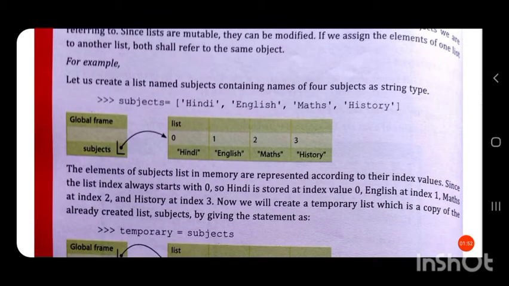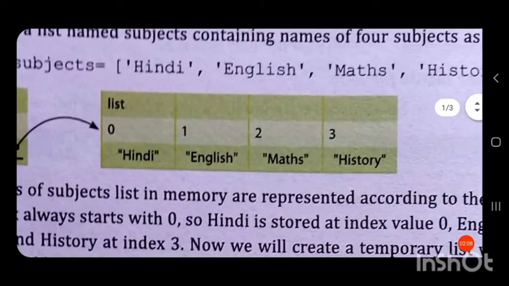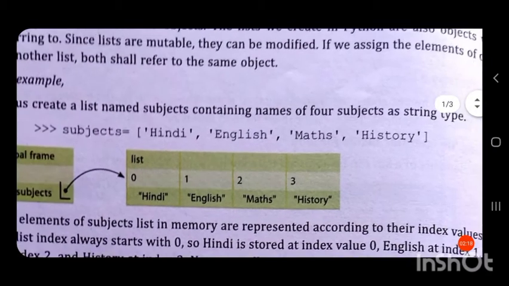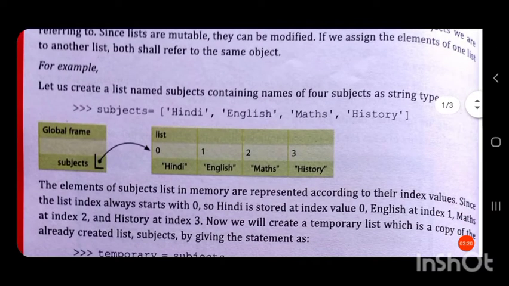The elements of the subjects list in memory are represented according to their index values. That is, Hindi is at position 0, English at position 1, Maths at position 2 and History at index 3.